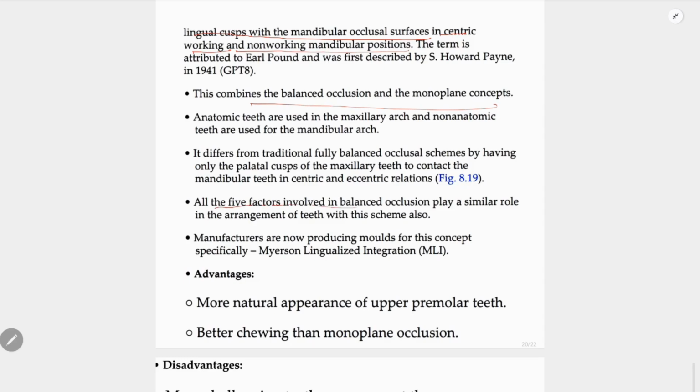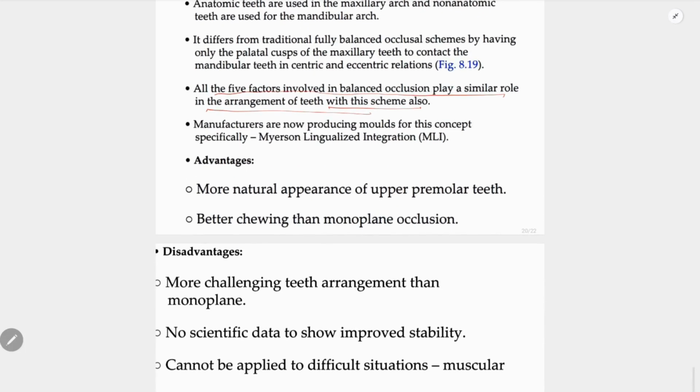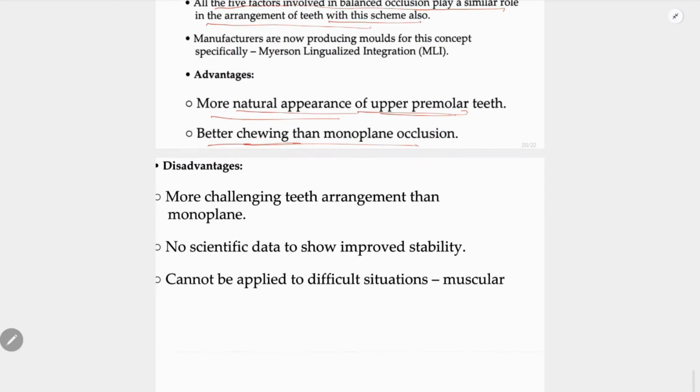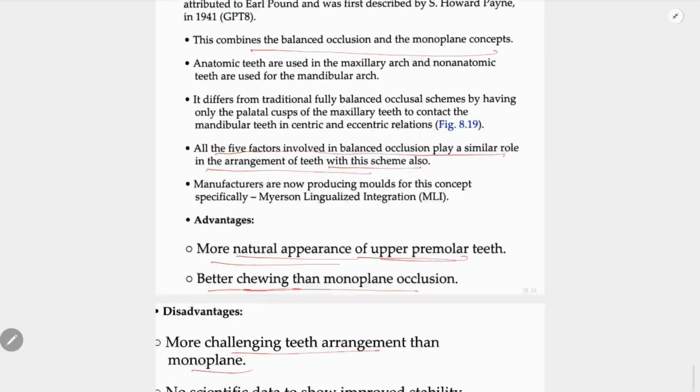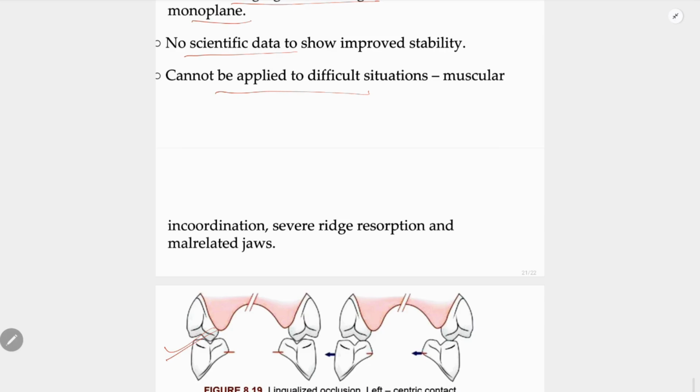Although the 5 factors involved in balanced occlusion play a similar role in the arrangement of teeth with this scheme also. What are the advantages? More natural appearance of the upper premolar teeth, and better chewing than monoplane occlusion. Disadvantages: more challenging teeth arrangement, no scientific data to show improved stability, and it cannot be applied in difficult situations. So practically, if we go on to see, there is no use of lingualized occlusion. And here's the diagram for the same.